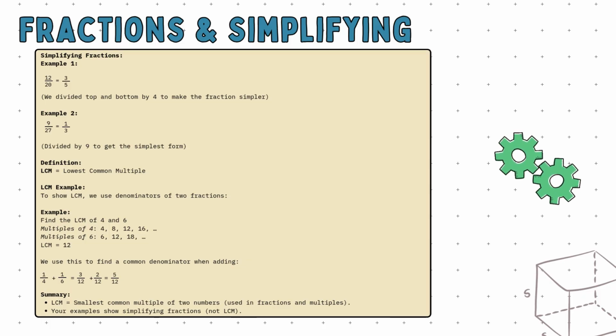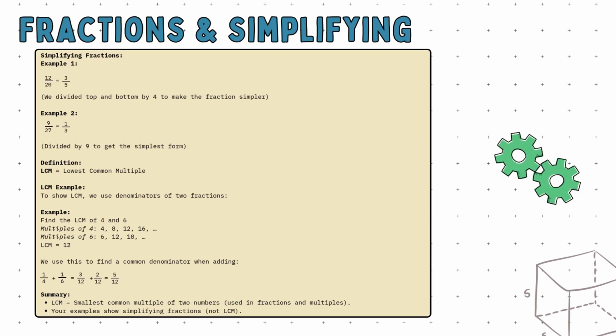Remember that. So 1 times 3 is 3 and 4 times 3 is 12. Let's do it with the 1 over 6 as well. 1 times 2 is 2 and 6 times 2 is 12.